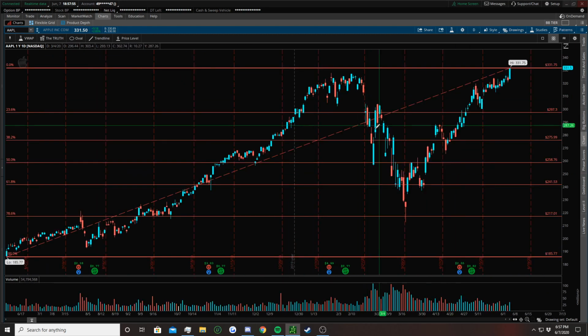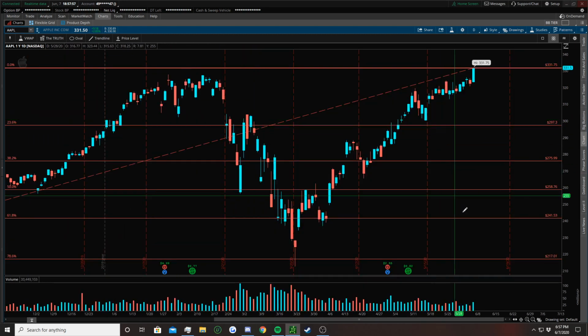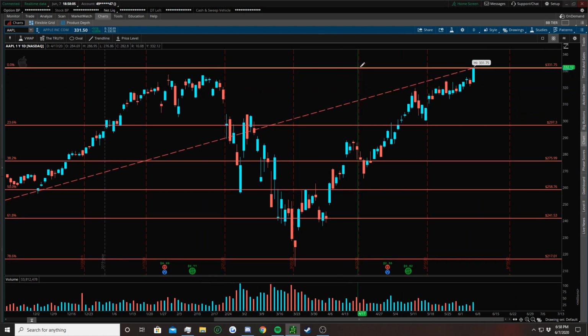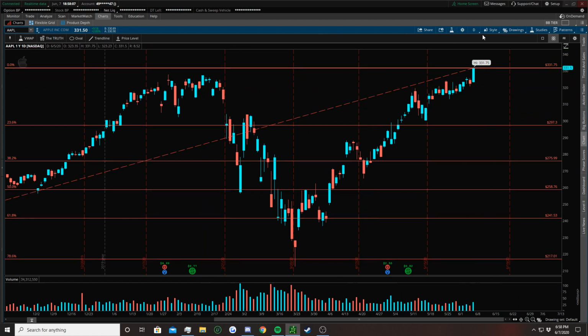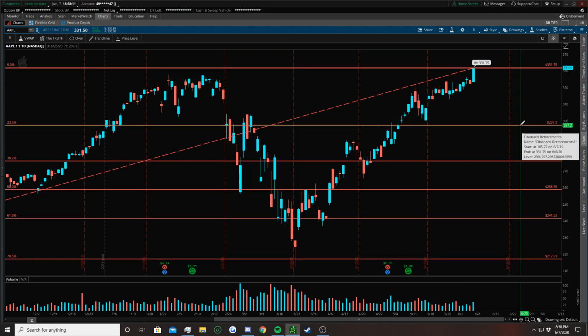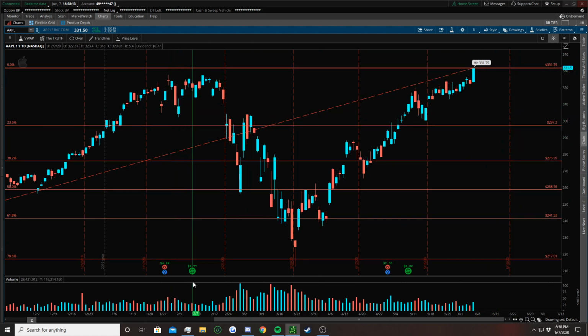So if the all-time high is broken, you have a very bullish movement. If you have a rejection here, you're going to go down and you have a good chance of retesting that 297. That's all that one drawing told you.